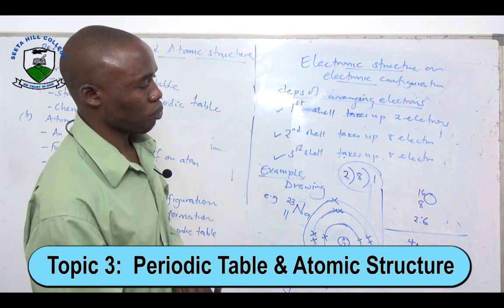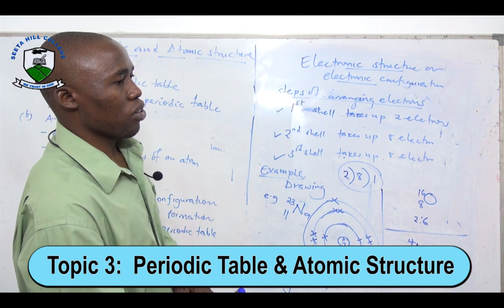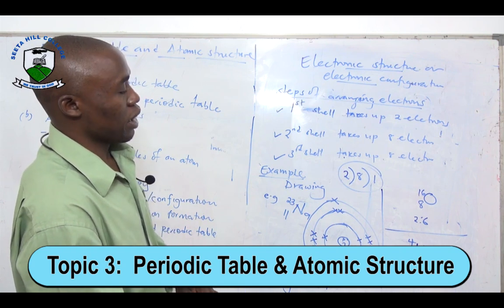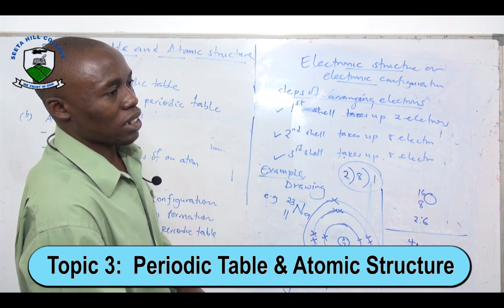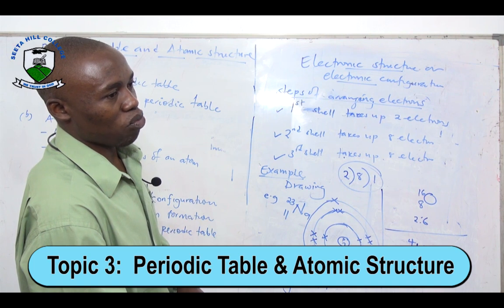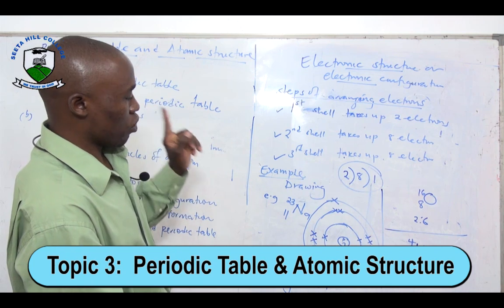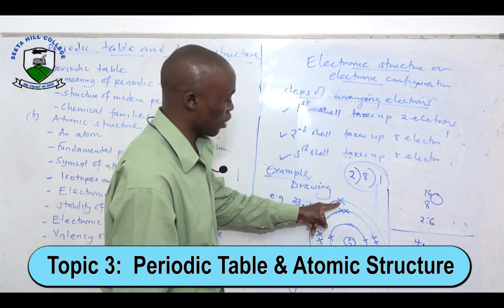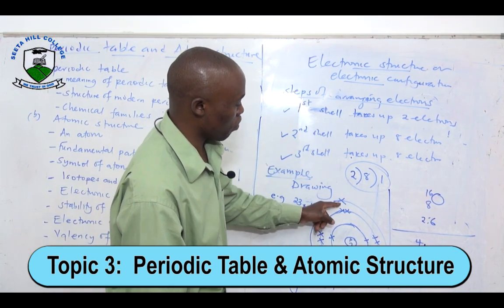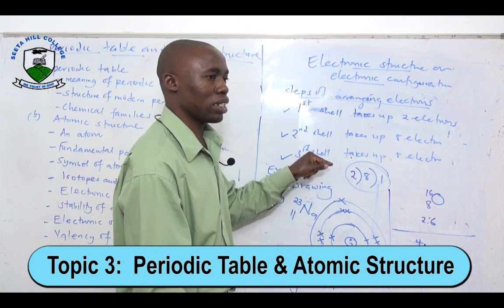Now listen. You see those electrons that we are writing there? We are not just writing them for the interest of writing them. When we put an electron here, it is a specific place where an electron is sitting.